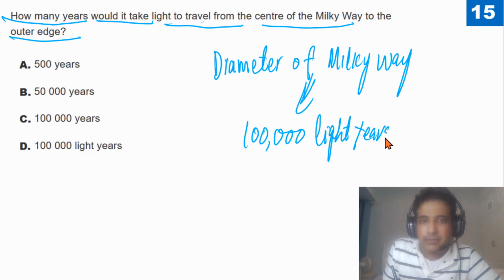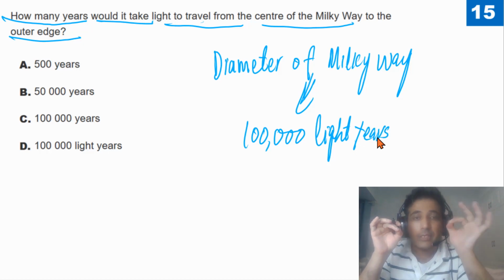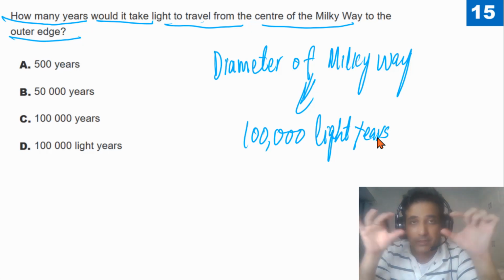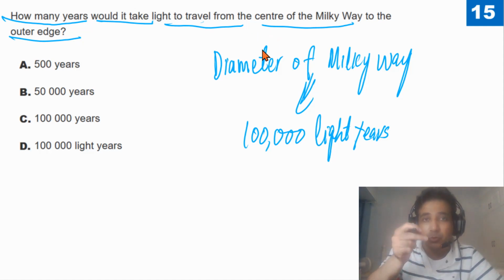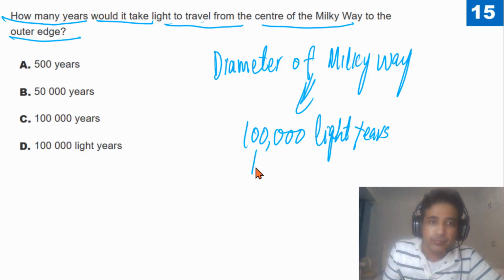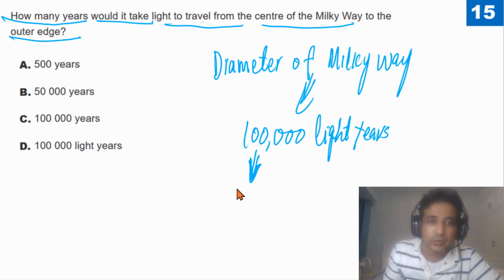So if light has to travel a distance equal to the diameter of the Milky Way, light will take 100,000 years. But this question is asking us from the center, means equal to the radius. So that distance will be half, so time will also be half.